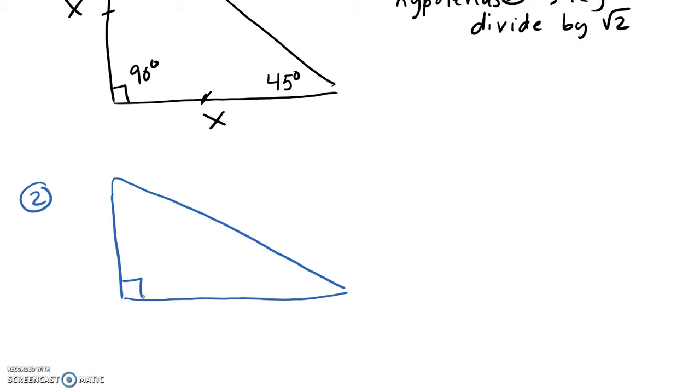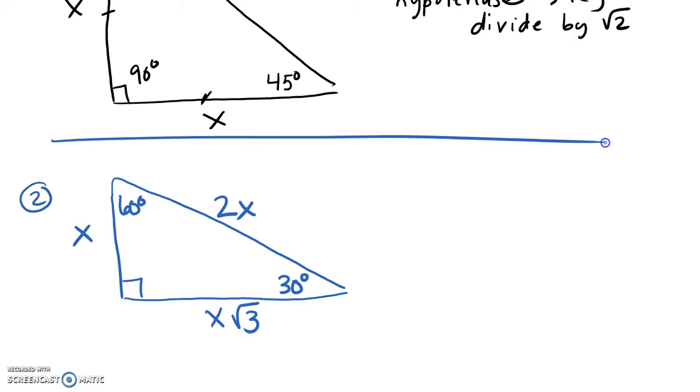So with that being said, it is a shortcut. The hypotenuse is twice as long as the short leg, and the long leg is the short leg times the square root of 3.